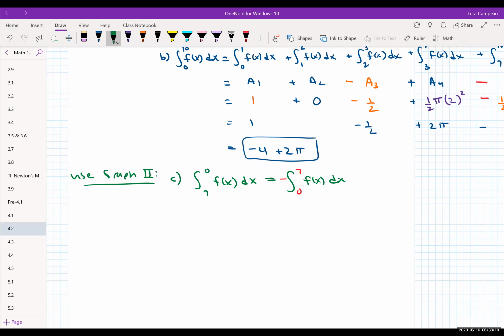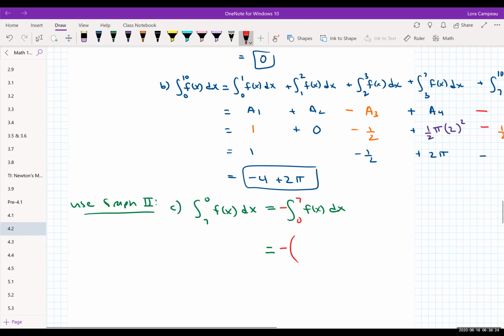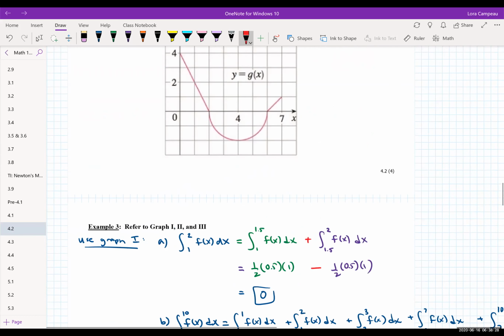So now what I'll be doing is understanding that there is a negative outside everything I deal with. But I want to see 0 to 7. How many shapes am I able to break this up into, or is it one nice shape? Let's go back and look.